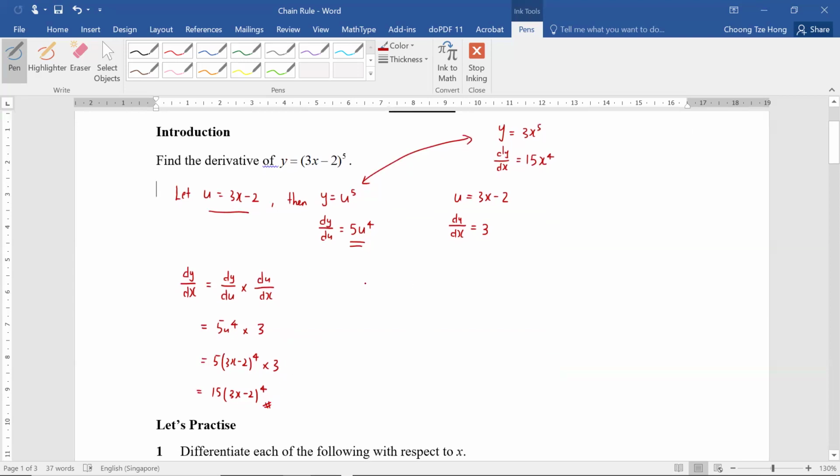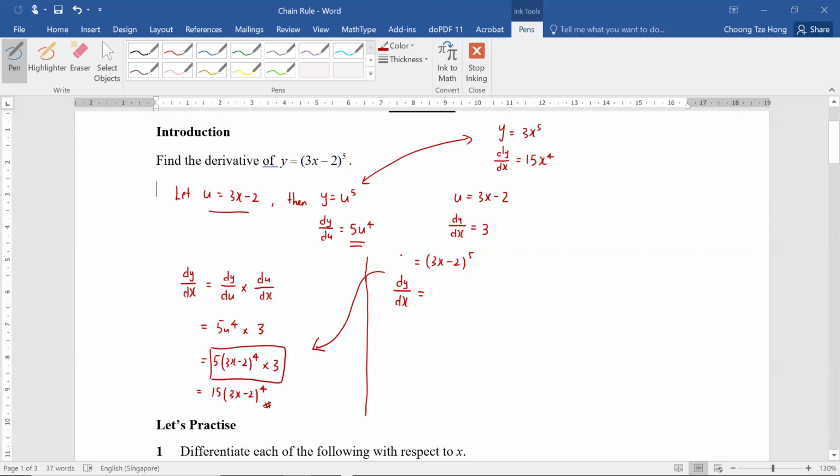Okay, so let's study this mechanics and see how we can get the answer more directly. Remember the starting equation is y equals 3x minus 2 to the power of 5, right? Let's compare with the derivation we have done.